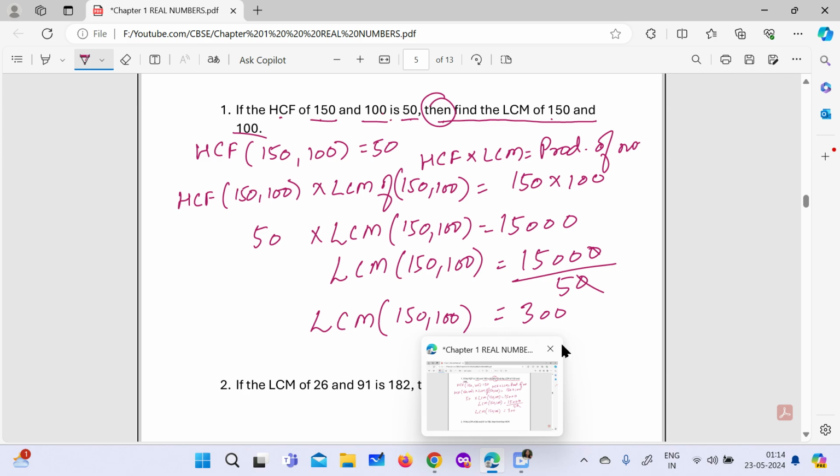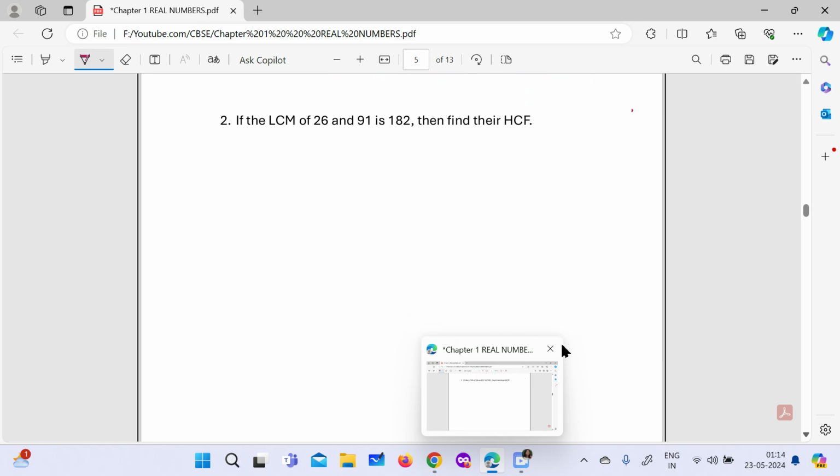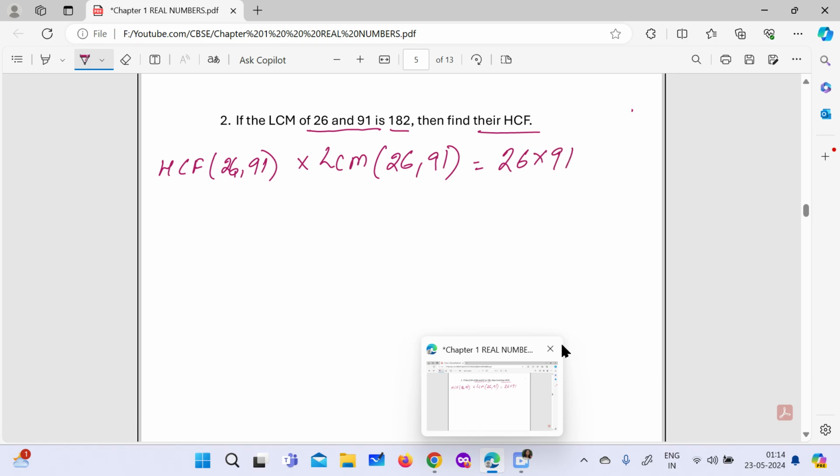Okay, so I guess this is easy. Now we have the next question. If the LCM of 26 and 91 is 182, then find their HCF. Definitely you are going to use the formula: HCF of 26 and 91 times LCM of 26 and 91 equals the product of the numbers, that is 26 times 91.